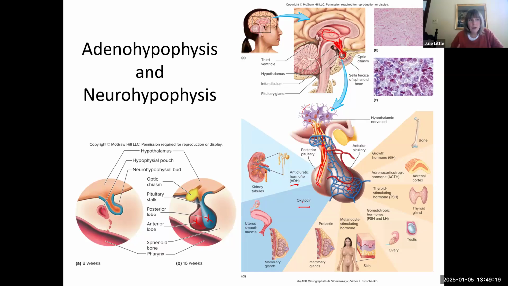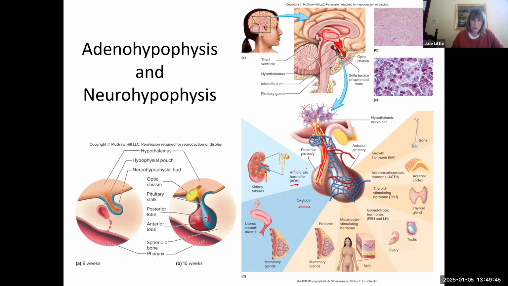But we can go even further and say that while there's a neural stimulus that causes them to be released, like with antidiuretic hormone, there's a trigger that causes the action potential to go. We'll find with ADH, for instance, that behind that neural stimulus, blood volume or blood pressure drops, and that stimulates the hypothalamus to send the neural stimulus.